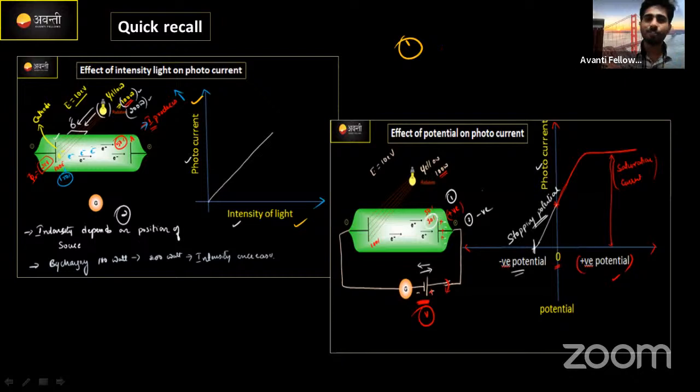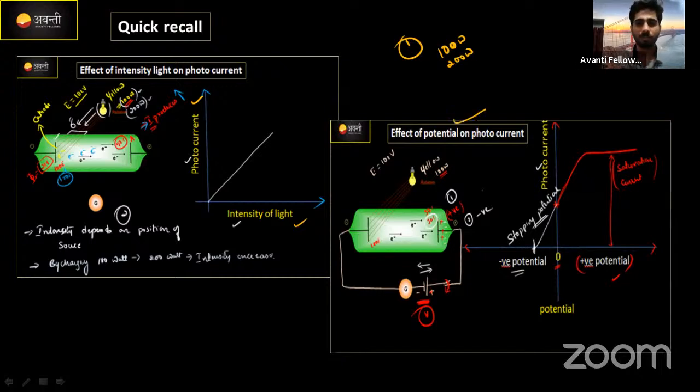To increase the source's intensity, what did I tell you to do? A 100 watt bulb is there, replace it by a 200 watt bulb. That time you get a greater intensity of light. Then the second point is the effect of potential on photo current.